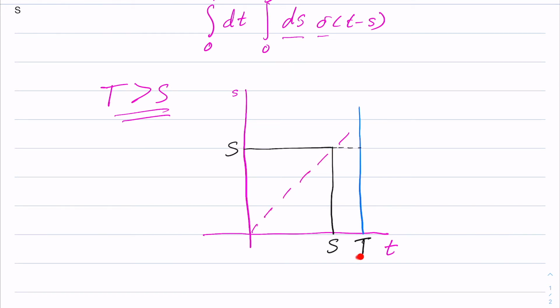So when t is greater than s, it won't contribute anything to the integral. So the t integral will automatically go from 0 to s. So that is what is going to happen.